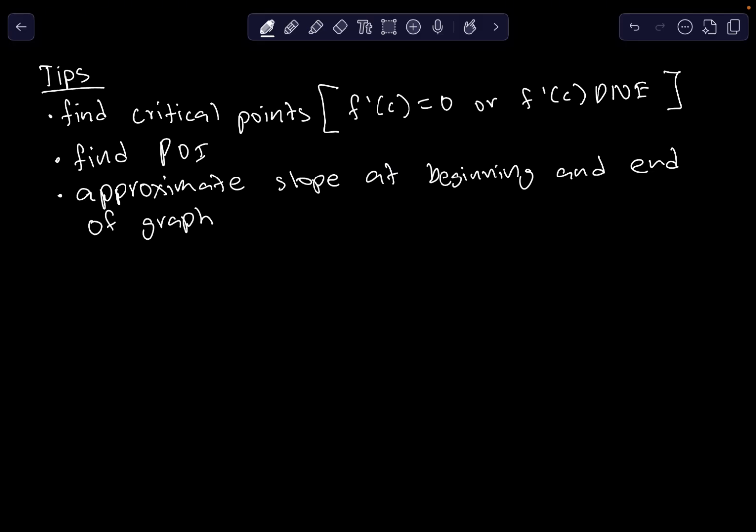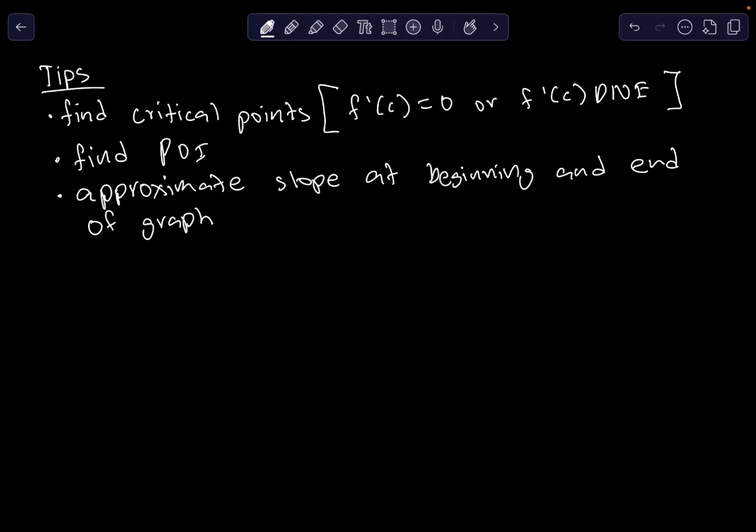And then to elaborate on the does not exist, this is such as when there's a cusp, a corner, an asymptote, or a hole. Our derivative graph is going to act a little bit different. In fact, we aren't even going to have a logical derivative at that point, not one that's smooth at least. I'll show you how that works in a couple of examples. Next, we want to find some points of inflection because this is also another important point for us to recognize.